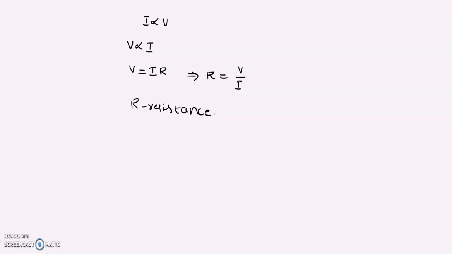The resistance of a conductor is the property of the conductor due to which it resists the flow of electric charges. The resistance is nothing but to oppose the flow of electric charges.